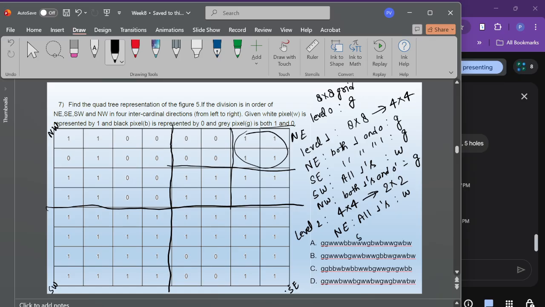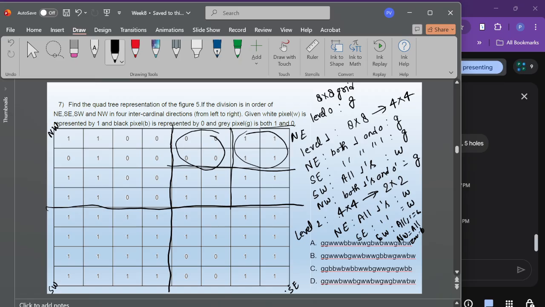Now similarly SC is also all ones, so again W. This part, SW, is also all ones, so again W, and this part is all zeros. All zero is represented by B, right? And this is all zeros, so it is represented by B. Here it is a B.